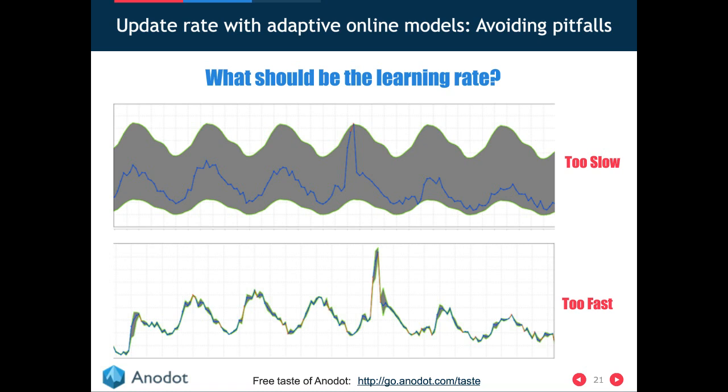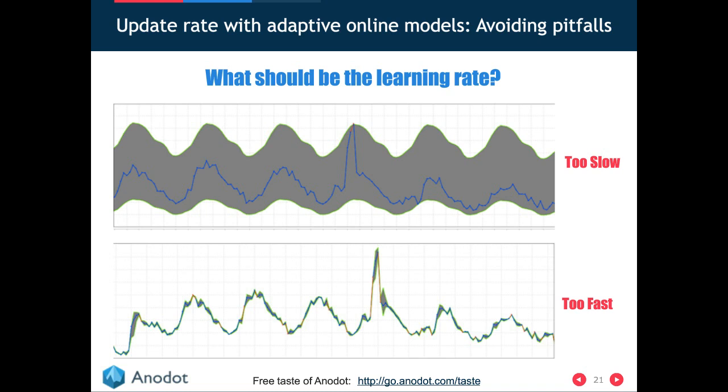If you set your adaptive rates to be very slow, then you're going to get a baseline that is not very good. You're going to get a normal range that is a very, very high band around your data. If you make it too fast, then you're going to adapt to every coming sample, and you might miss a lot of anomalies.